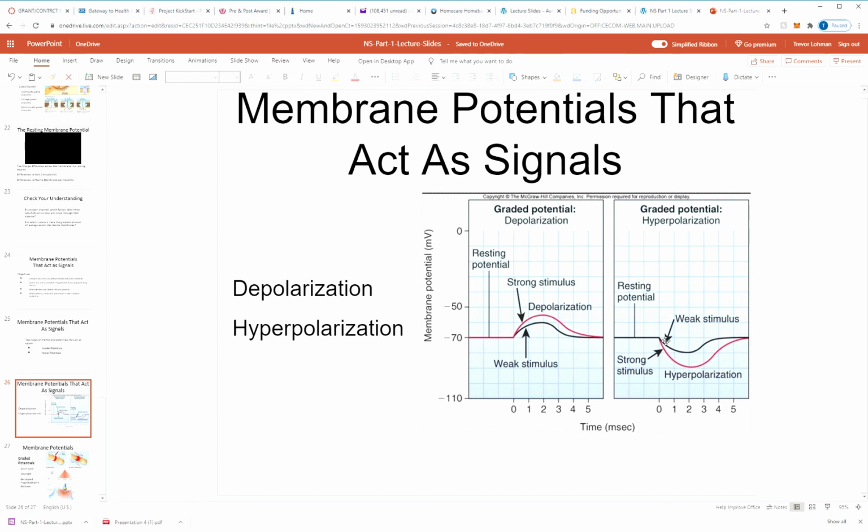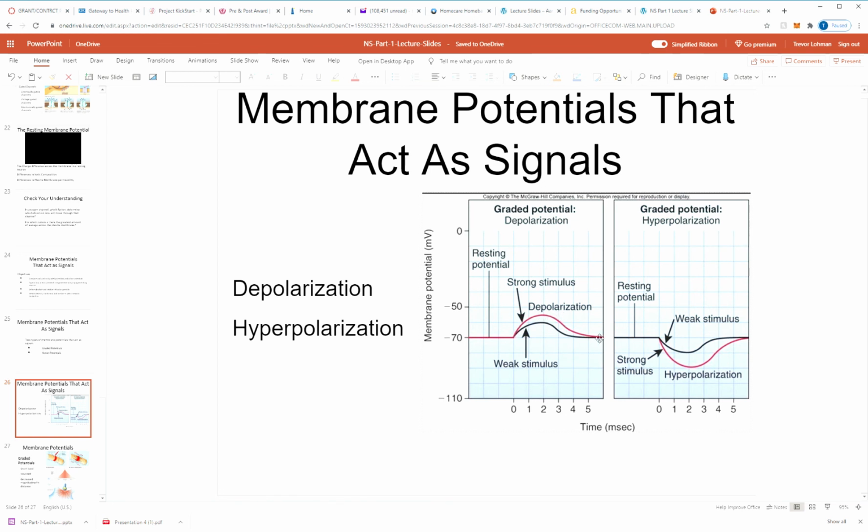The graded potential could also go away from 0 and become more polar. That's hyperpolarization. You could have a weak inhibitory stimulus or a strong inhibitory stimulus. I'm saying inhibitory because we don't know this yet, but this is actually making an action potential less likely. That's why I say inhibitory. Whereas this type of graded potential makes an action potential more likely.